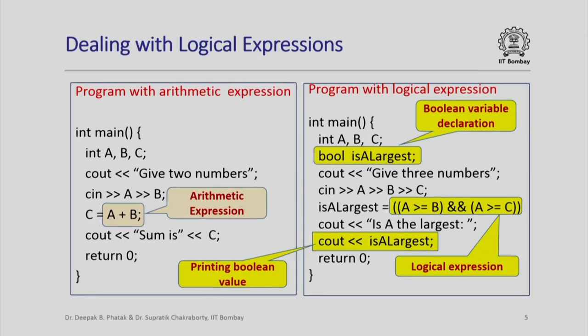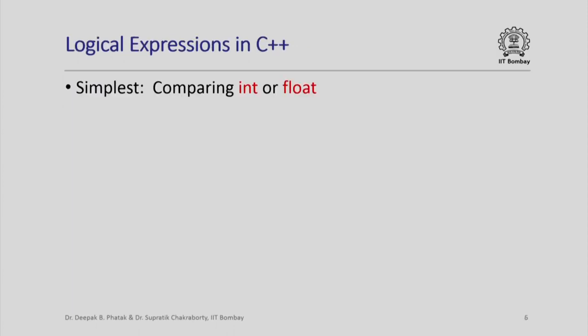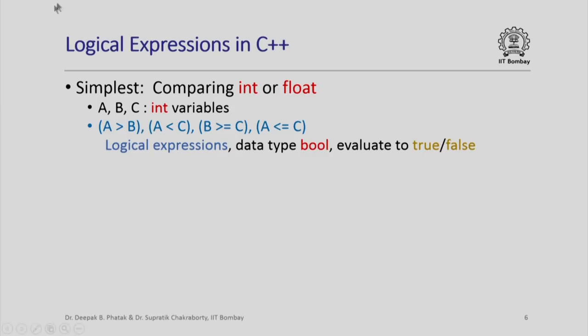Now in C++, the simplest way of constructing a logical expression is to compare two int or float values. For example, in our program we had a, b, c as three int variables. So I could compare them by saying a greater than b, a less than c, b greater than or equal to c, a less than or equal to c.